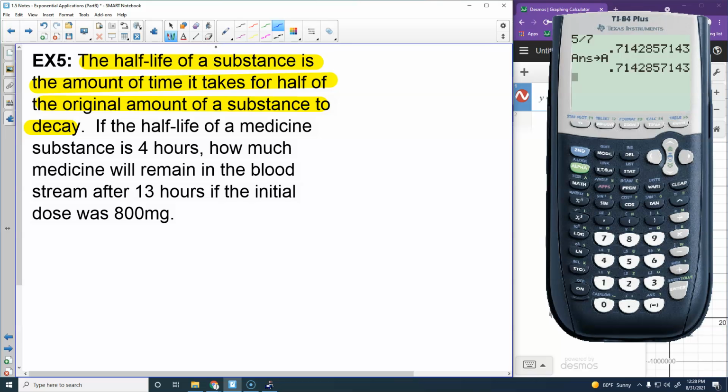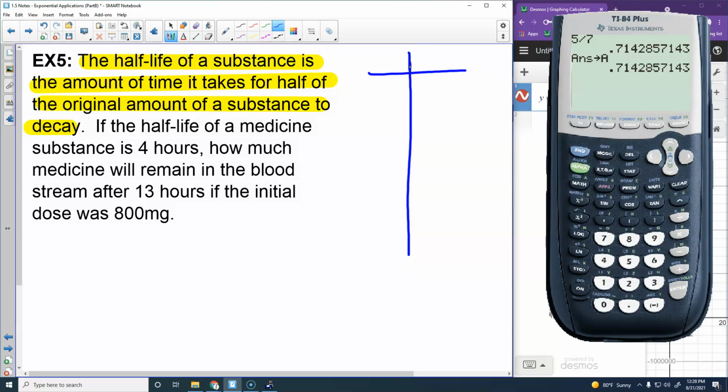So the half-life of a medicine, it shouldn't say medicine and substance, or a substance is 4 hours. How much medicine will remain in the bloodstream after 13 hours if the initial dose was 800 milligrams? So the idea with half-life, and it's something that you'll see a lot for radioactive decay and for medicines or any type of chemical in the body, right?